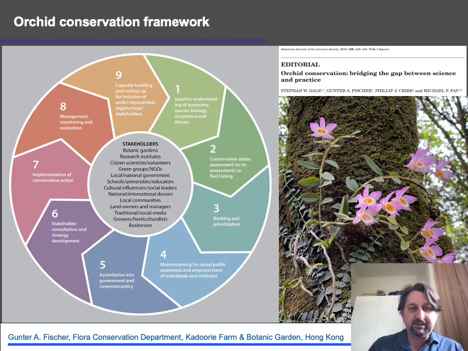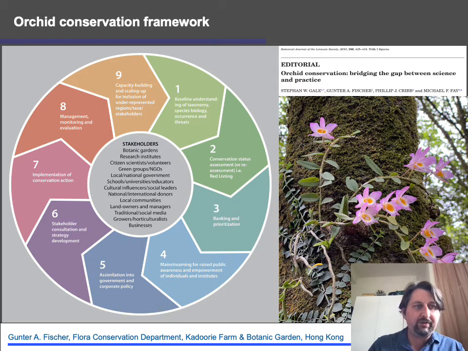And before starting any kind of applied conservation program, it's important to engage all the stakeholders and develop a conservation strategy. We have done a number of studies in this direction, and today I would like to give you an overview of two case studies we have done recently, one in Hong Kong and one in Hainan in China.